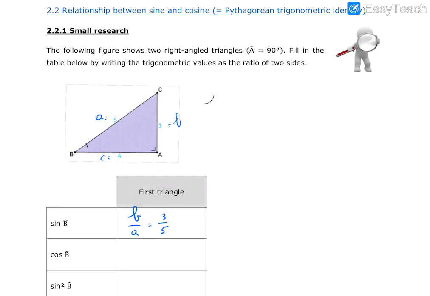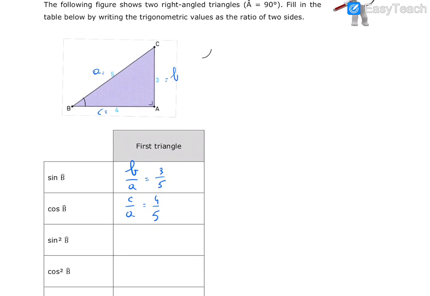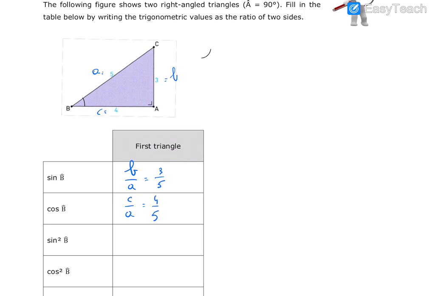Cosine b is adjacent divided by hypotenuse, so 4 divided by 5. Now, the question here is, what if we square the sine of b? So sine of b, which is 3/5, squared would equal 9 divided by 25. If you are going to square the cosine, which is 4/5, you get 16 divided by 25.